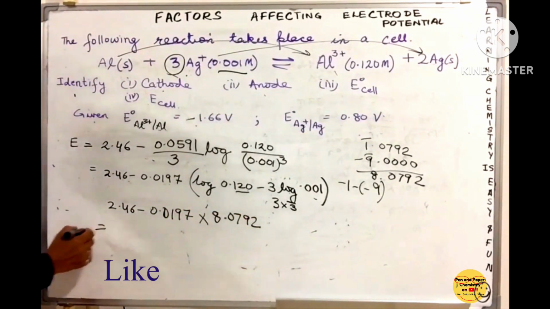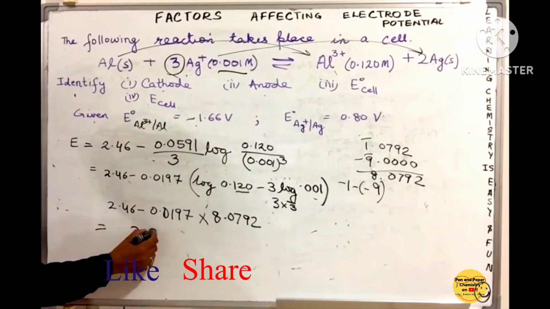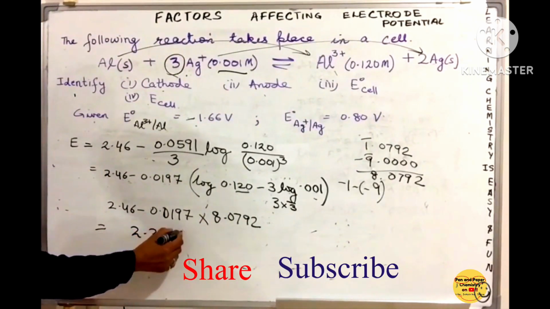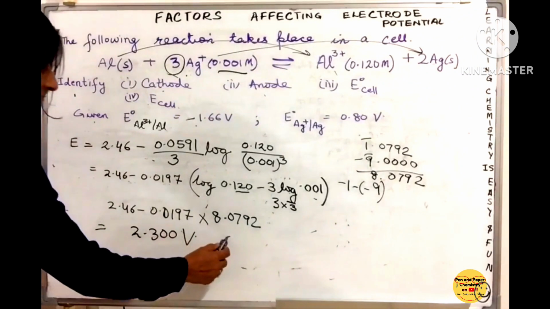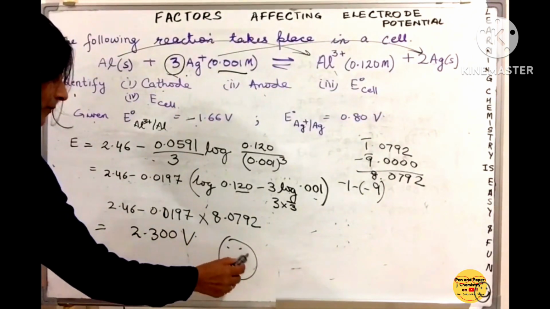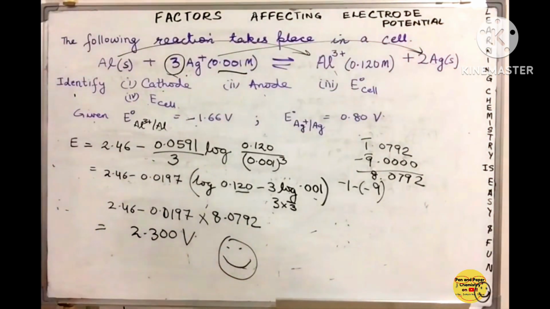When you calculate this, the final answer comes to 2.300 volts. If you've been able to get it, very good. Feel happy about it. Yes, you moved a step ahead.